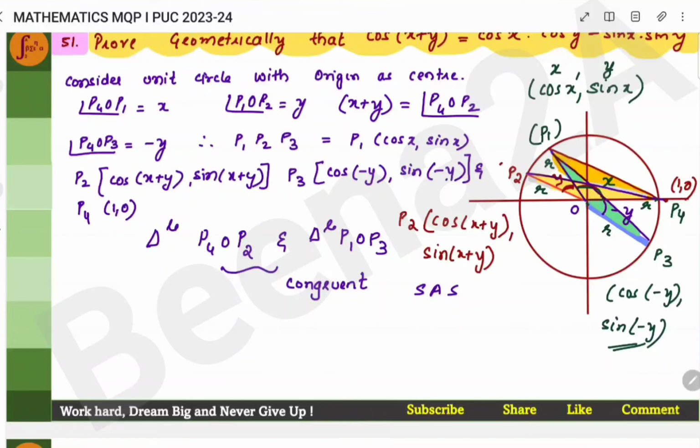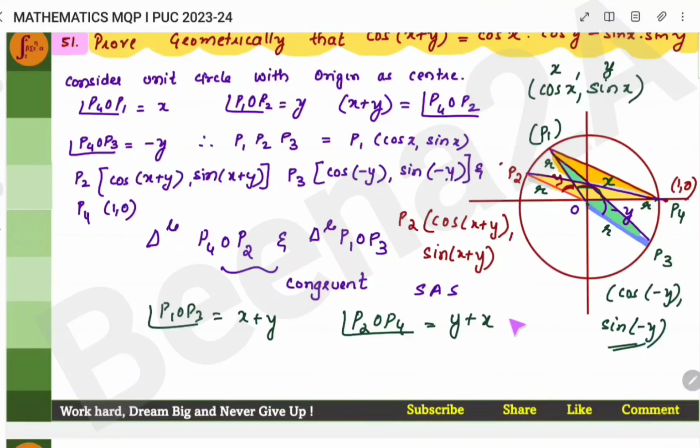Now let's look at the angle. Which angle? Let's look at P1 O P3. What is P1 O P3? It's nothing but x plus y. Though it is minus y here, if you look at the total angle, it will be x plus y. And if you look at the angle in the yellow shaded triangle, angle P2 O P4 is y plus x.